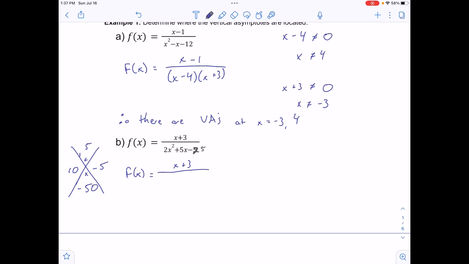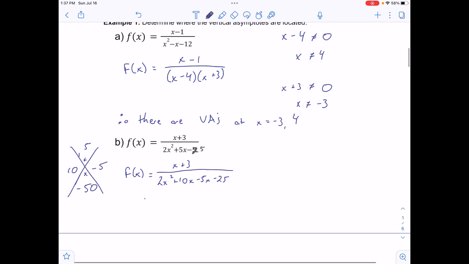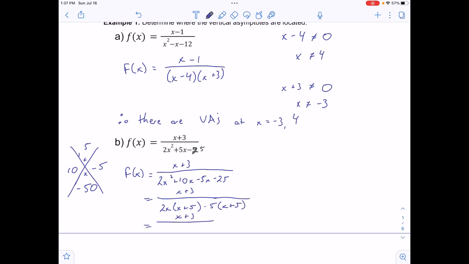So I'm going to decompose my denominator. And then factor by grouping. And then finish off my factoring by grouping. Okay, I set each factor not equal to 0.